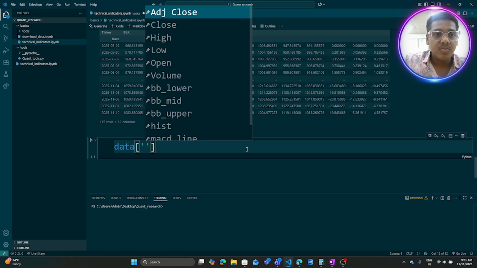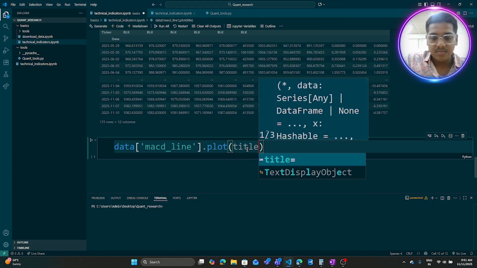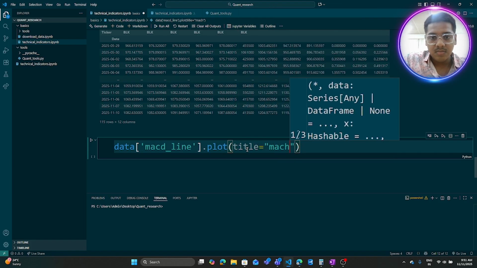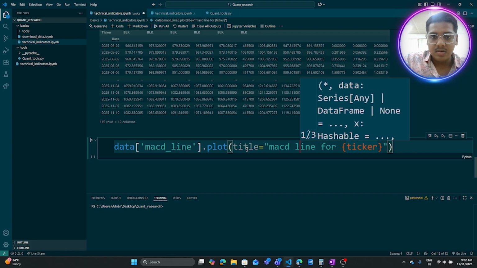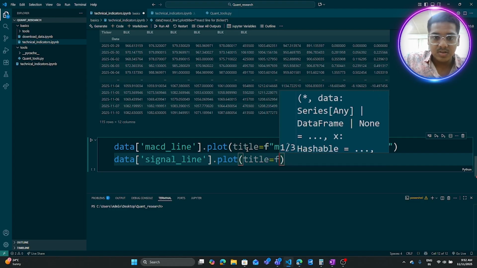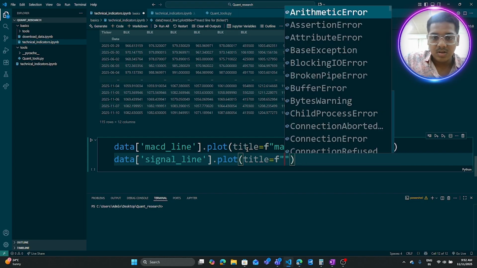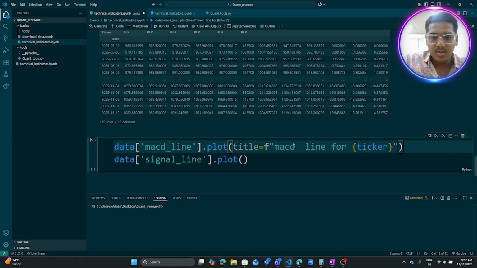So data MACD line.plot with title MACD line for ticker, and data signal line.plot. Here the title is not enough, so I'll write MACD signal line for the ticker and plot it.